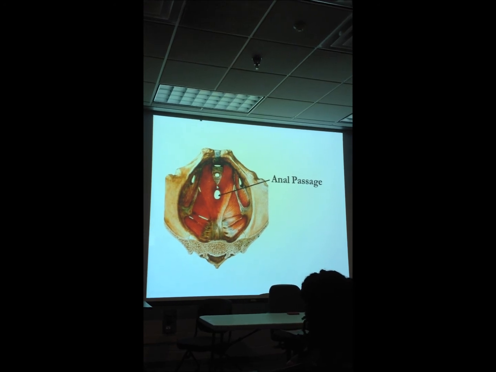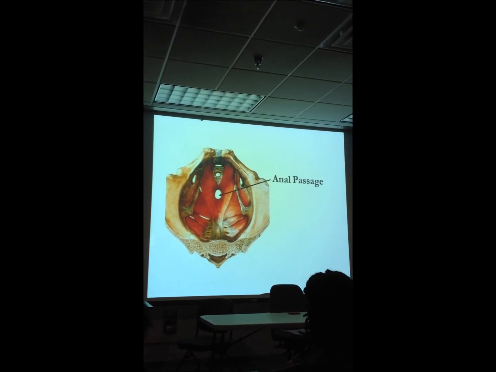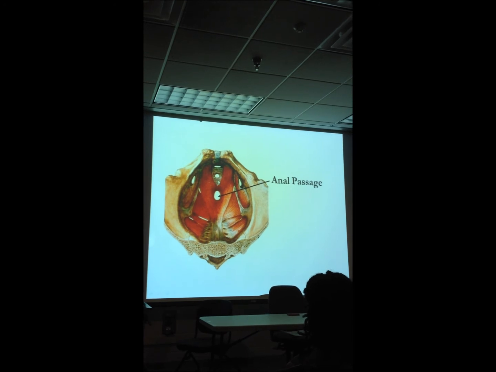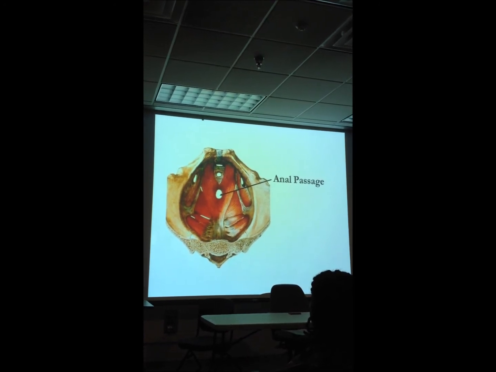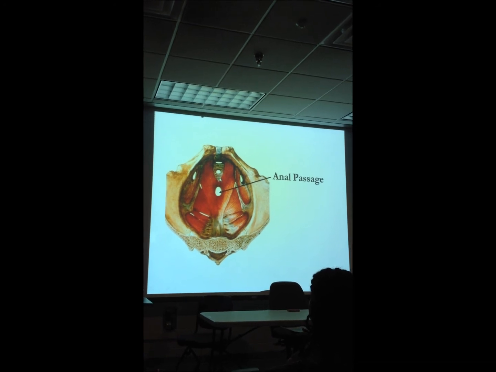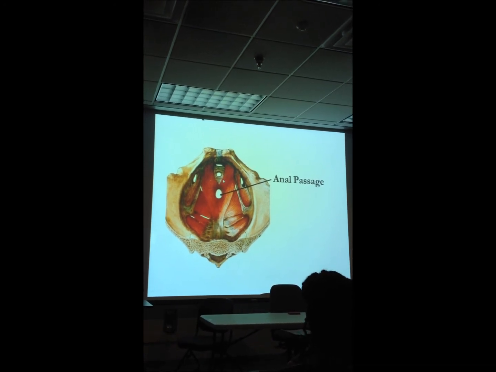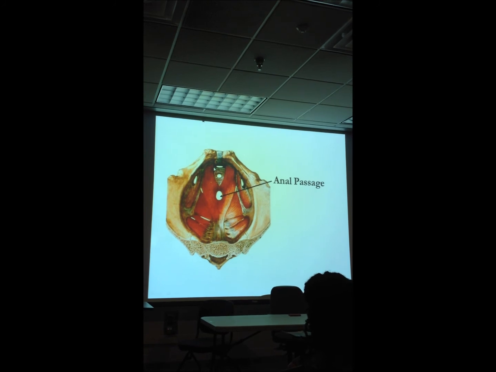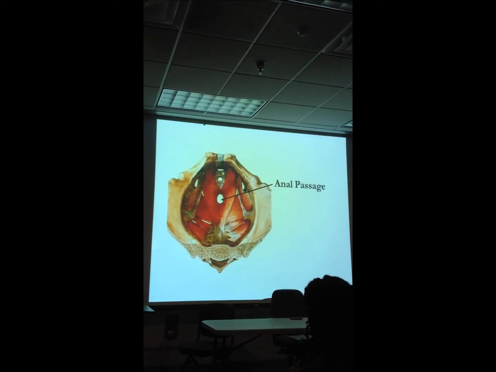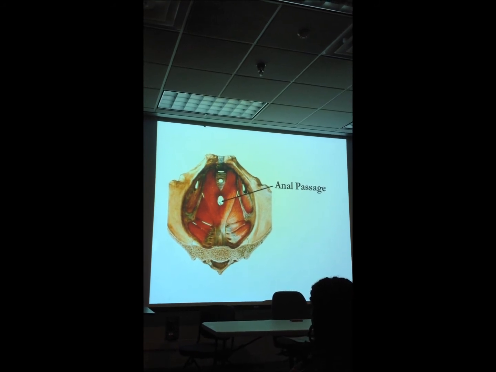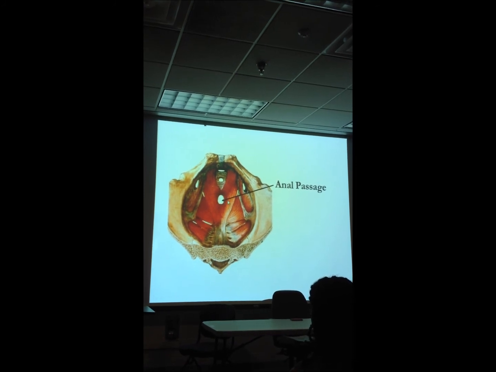That V shape is an opening in the pelvic diaphragm that's closed by the urogenital diaphragm. Remember we said the urogenital diaphragm is inferior to the pelvic diaphragm? Here looking above, we can see that. There's the pelvic diaphragm, there's the urogenital diaphragm, filling in this space. So the vagina, the urethra, and the deep dorsal vein of the penis would be going through the urogenital diaphragm. The anal canal is what passes through the pelvic diaphragm.